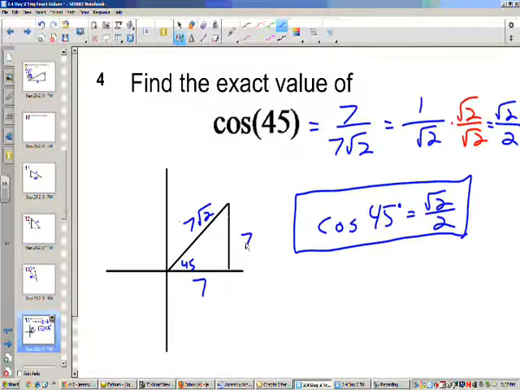Now 7, 7, 7 root 2 is not the easiest triangle to do. There's two different triangles that people consider the easiest. One that I like is the 1, 1, square root of 2 triangle. Because if you know this triangle, then you can just see it's 1 over square root of 2, which you rationalize, and it saves you this step here. There's also another way we can do it if I have my hypotenuse being 1.